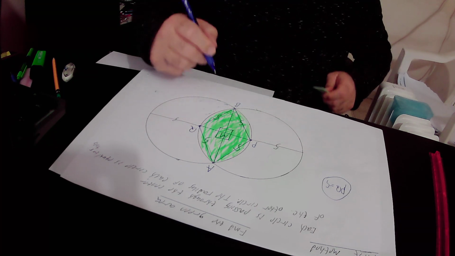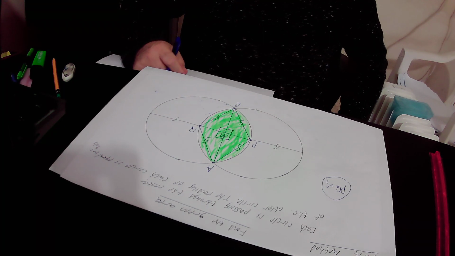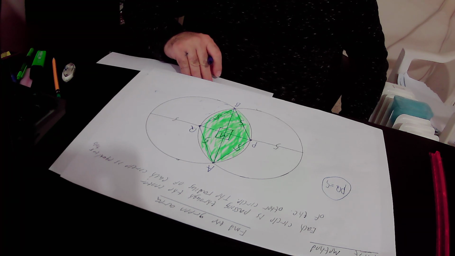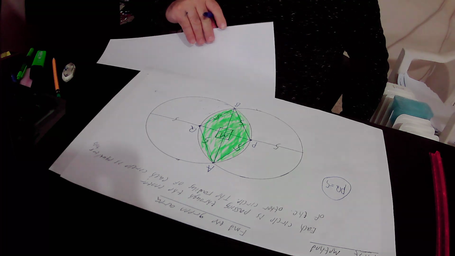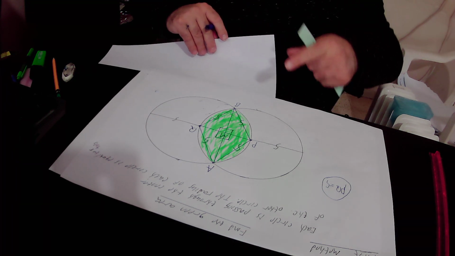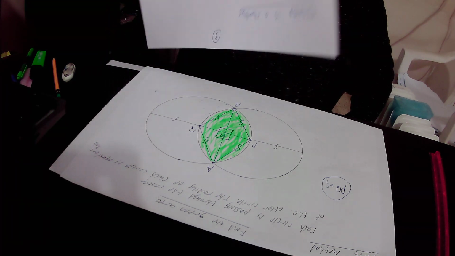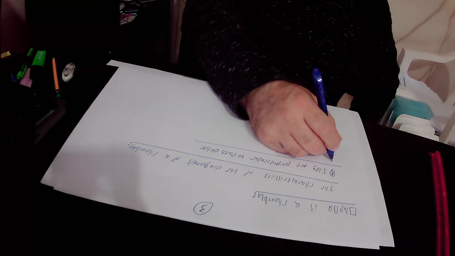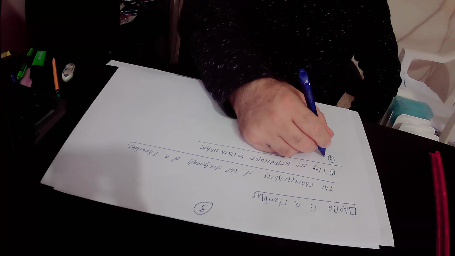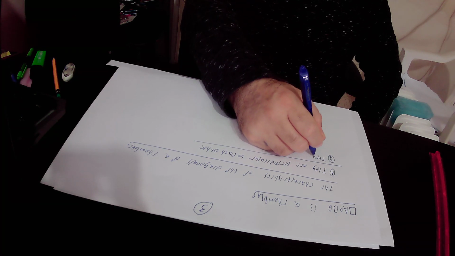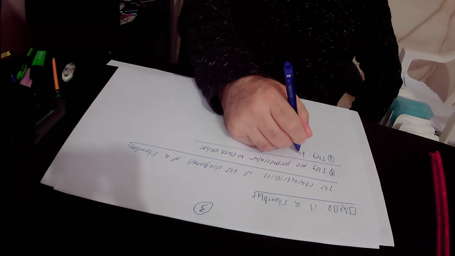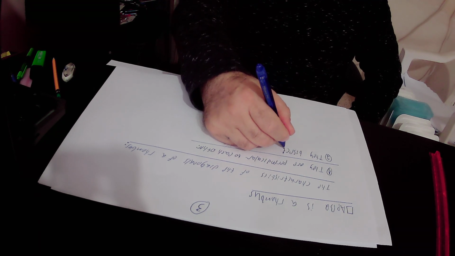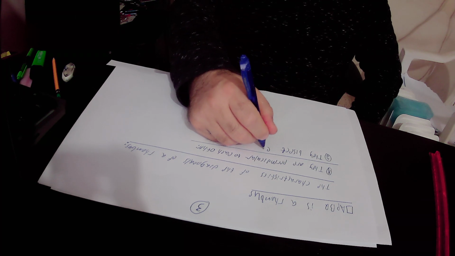Okay, and the second characteristic of the diagonals of a rhombus is that they bisect each other.